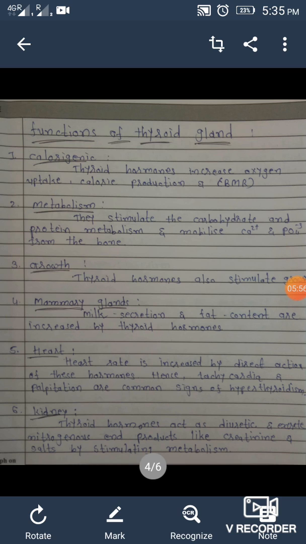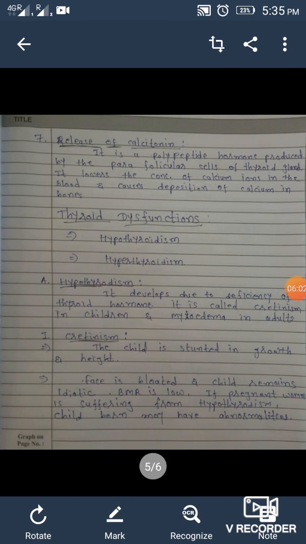It will excrete nitrogenous and creatinine products. And it also has an effect on release of calcitonin, which means it will increase calcitonin effect, and it will lower the concentration of calcium ion in the blood and cause deposition of calcium in bones, which means it will increase the concentration of calcium in the bone, and ultimately it will strengthen the bone.